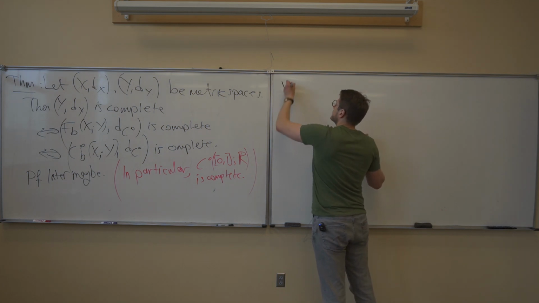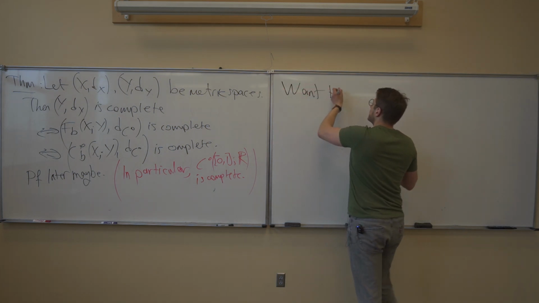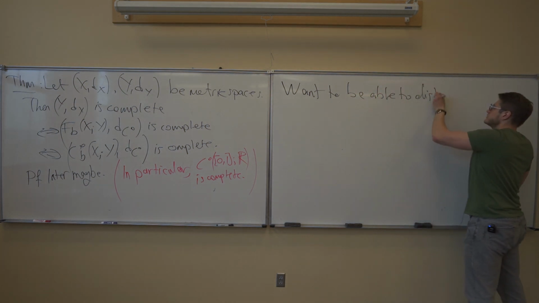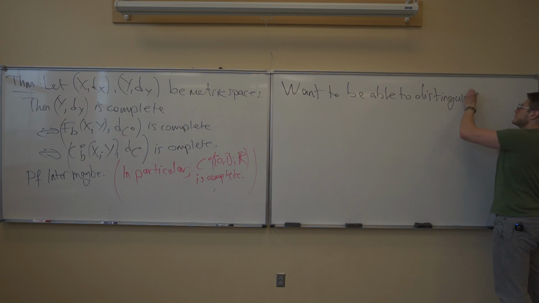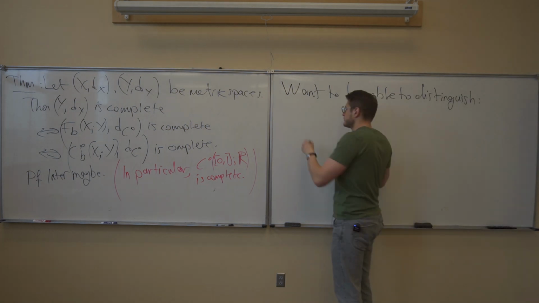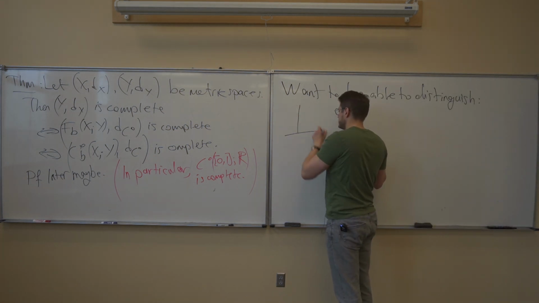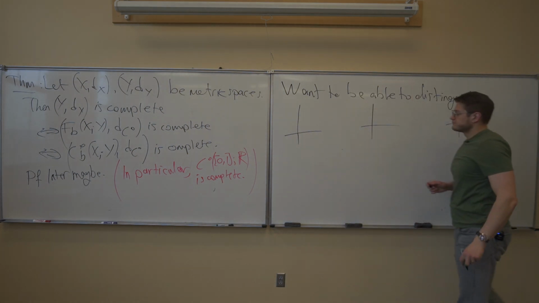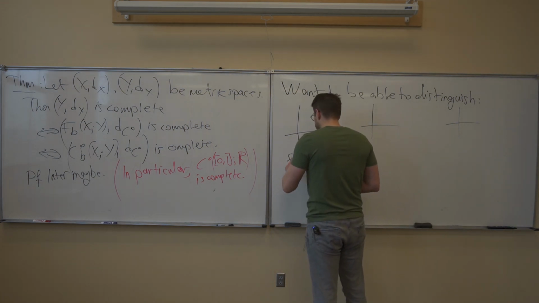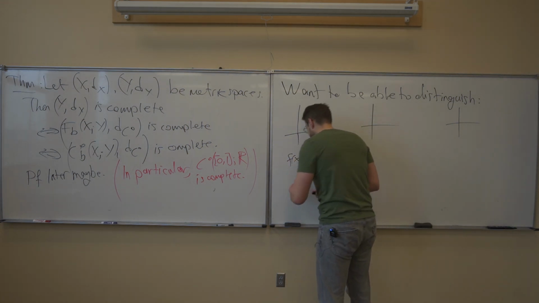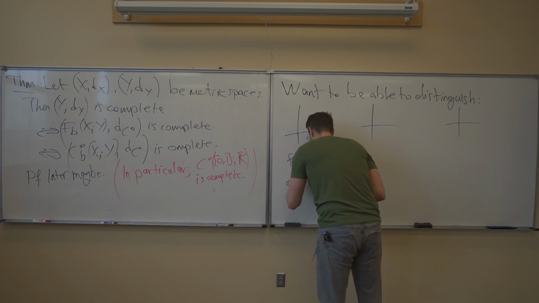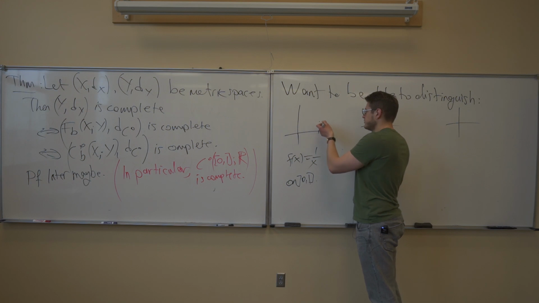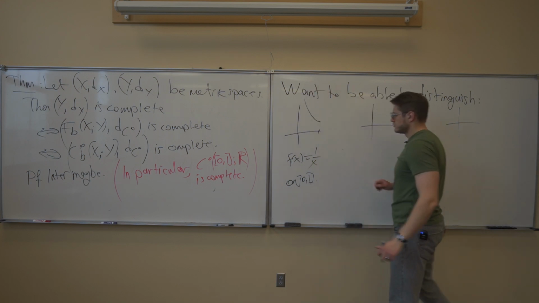I want to be able to distinguish these three things. Maybe this one is f of x equals 1 over x defined on (0, 1]. Well, in this case, you have an asymptote, right? So you start at 1, then you have an asymptote.